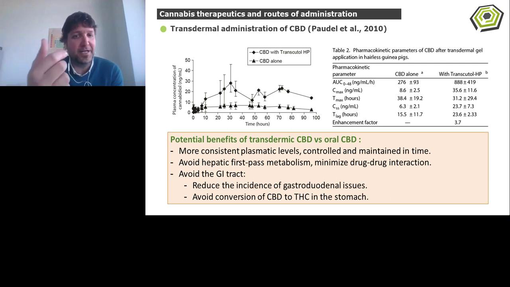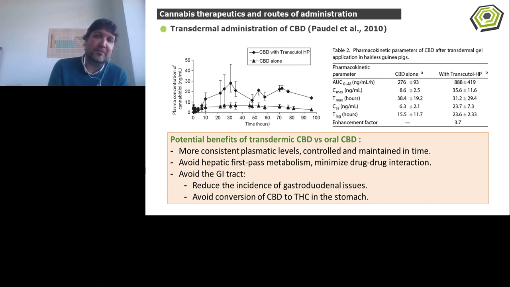The benefits of having transdermal CBD absorption would be to reduce the incidence of gastroduodenal issues, and also reduce hepatic first pass metabolism and drug-drug interaction in the liver, and also avoid the conversion of CBD to THC in the stomach, which is still controversial.